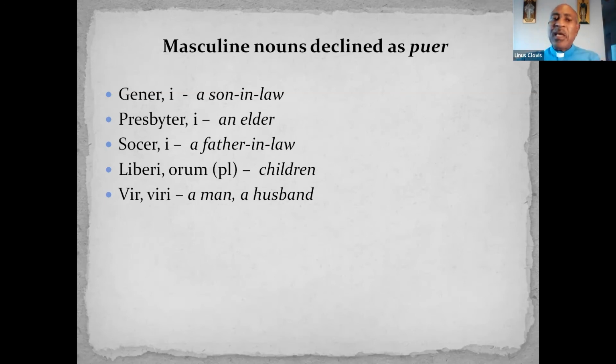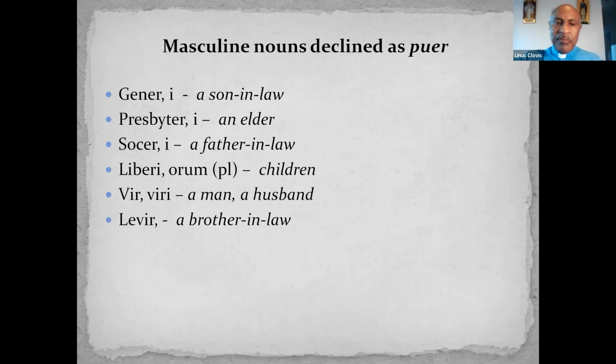It didn't say et vir factus est. It says homo. In other words, he took human nature, which includes male and female. So we don't fall into that trap in Latin.